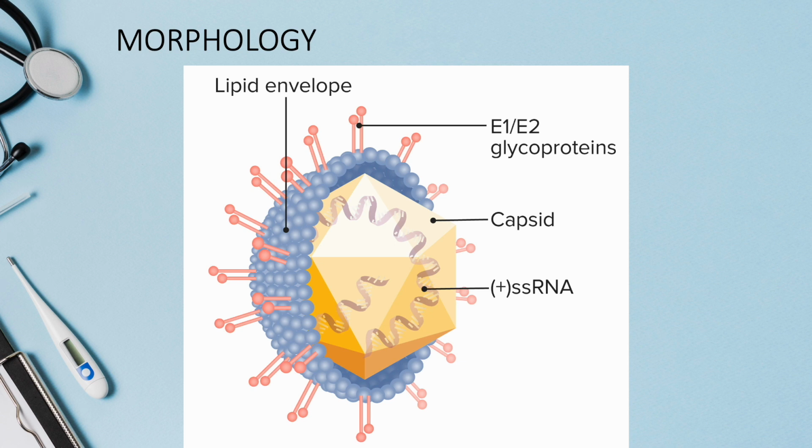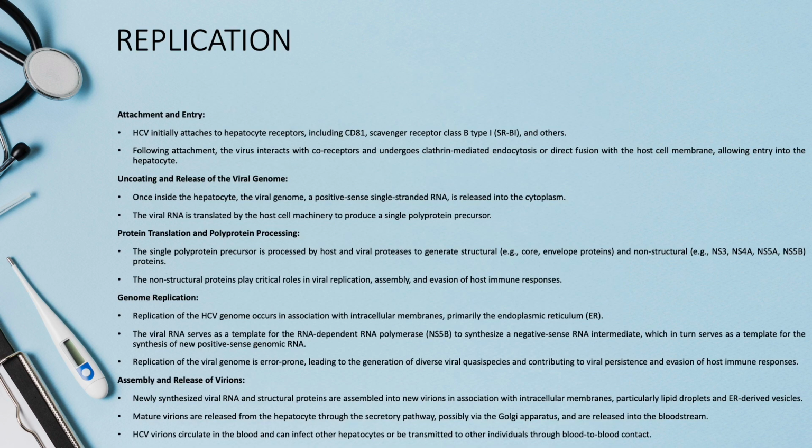So here you can see it. The biochemical test will show you any issues with the liver, and after that, to specify which type of virus we have, we make a more specific investigation.